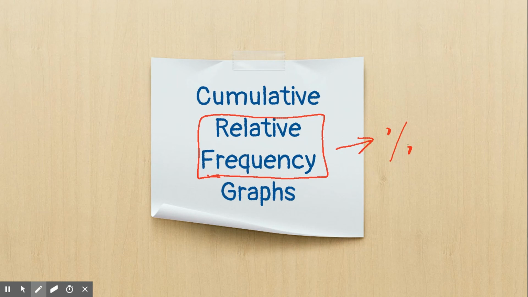And the idea that we're going to have cumulative percentages tells us that we're probably going to be dealing with percentiles. Now, on a side note, some people call this graph an ogive or an ogivy. You'll see that in some of the books, but most frequently it is referred to as a cumulative relative frequency graph.